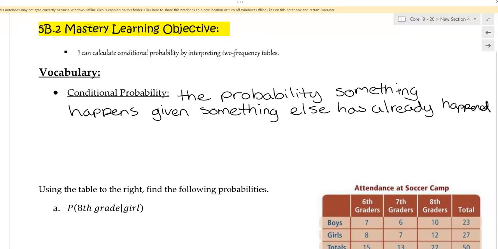We have a formula for conditional probability. Our conditional probability is the probability of one event, we're going to call it event B, given event A that has already happened. So again, this line means given.